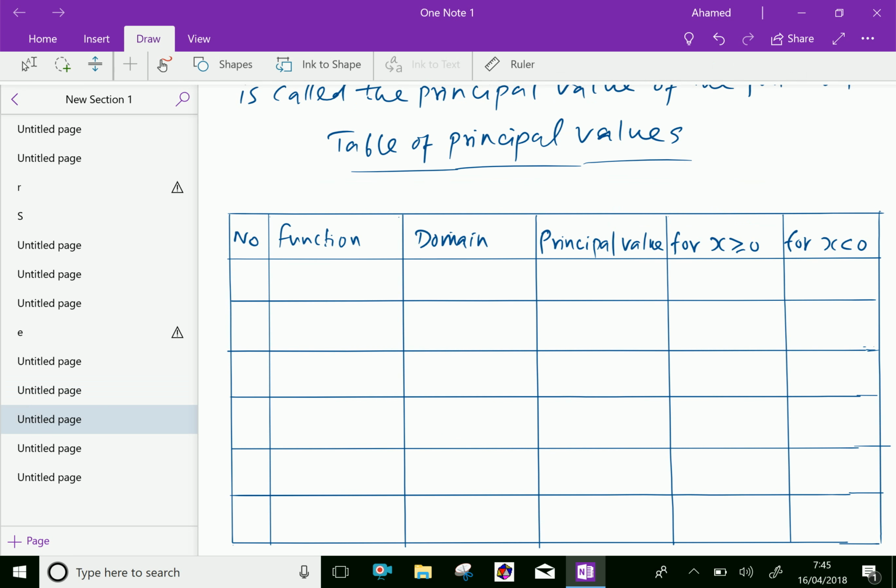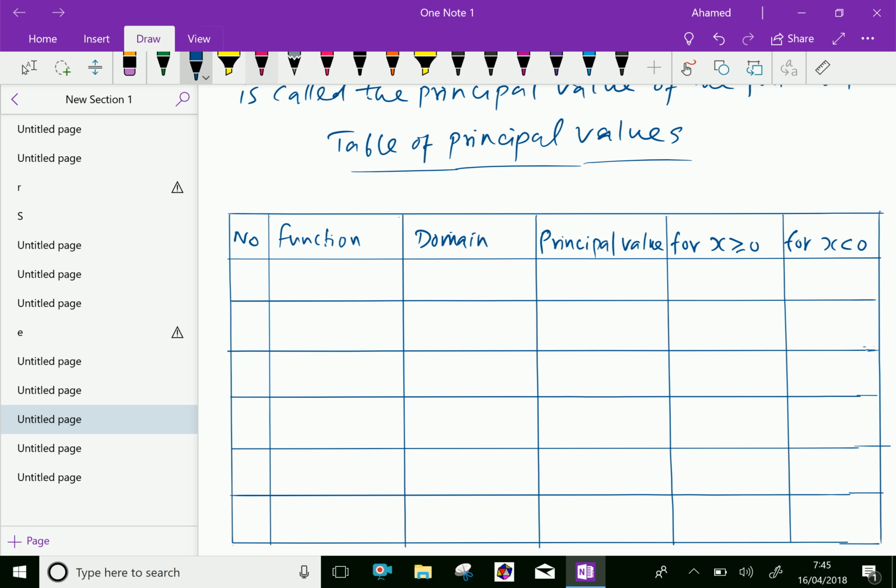Here the function is y equal sine inverse x. Domain is -1 lesser or equal to x lesser or equal to 1. The principal value, that is y value, is minus pi by 2 lesser or equal to y, lesser or equal to pi by 2.